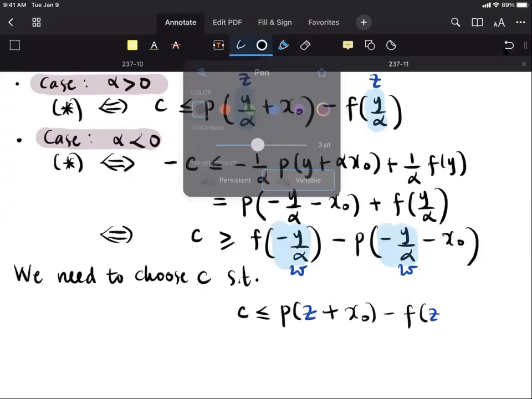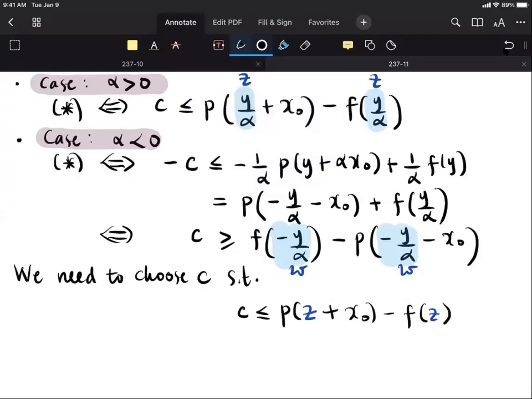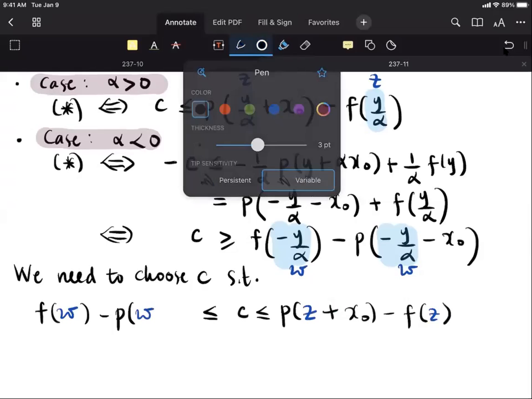So that's for the positive case, and for the negative case, we need to prove that this is greater or equal to F of W minus P of W minus X naught.